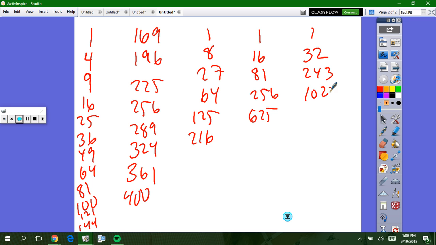This one's 1024 if you want to know that one. I don't know what the next one is. I think it's 3125. 5 to the 5th. Am I right on that one? Anybody check me? Yeah? Okay.